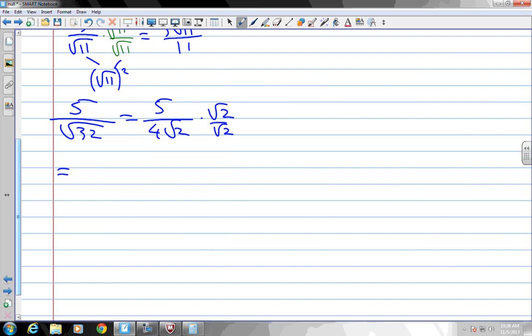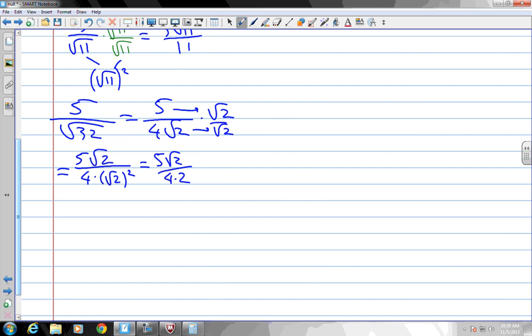So if I do that, it comes out to be 5 square roots of 2 over 4 times square root of 2 squared, if I actually write that extra step. You just multiply straight across. So what is the square root of 2 squared? 2. So my denominator is 4 times 2, right? So it's 5 square roots of 2 over 4 times 2, which is 8.